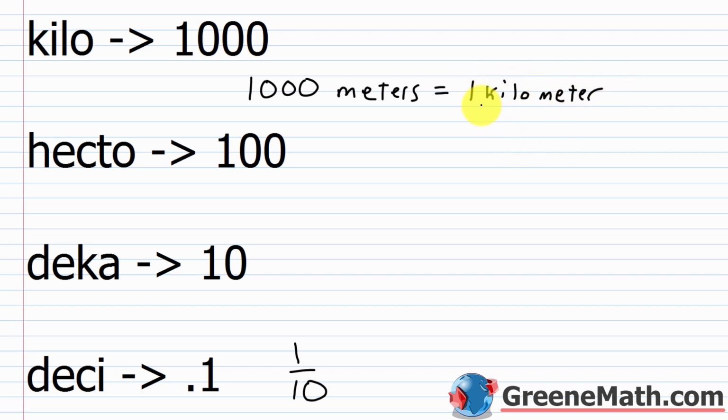And that's all you're doing. You're just taking this prefix and putting it before the basic unit meter. If you had 100 meters, you could say that you had a hectometer. So you had 1 hecto. I'm just putting that word hecto before I put meter.